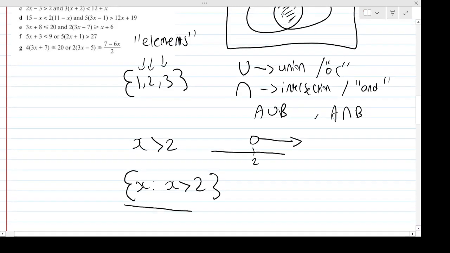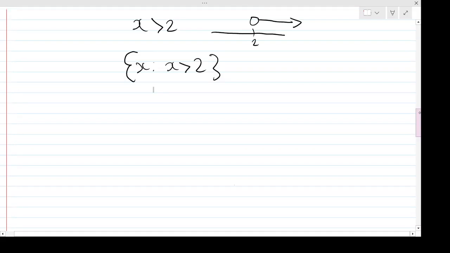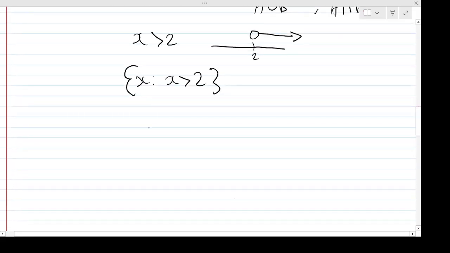So this is saying a set of numbers of x. In particular, what set of numbers of x? Well, the curly bracket means a set, and we say this as a set of values of x such that x greater than 2.